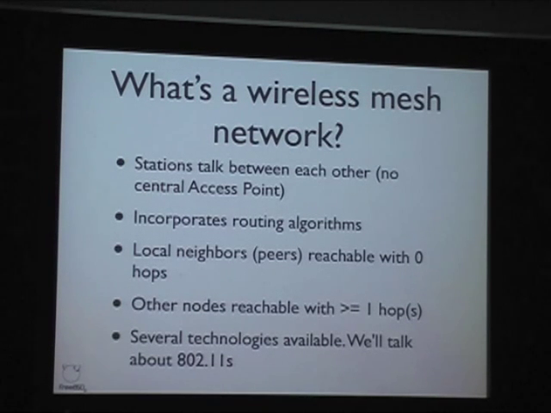The other thing is that there's no central access point, there's no node that could fail, and there are actually dozens of technologies that have wireless mesh network functionalities. The one that we use, and I'll talk about today, is 802.11s.